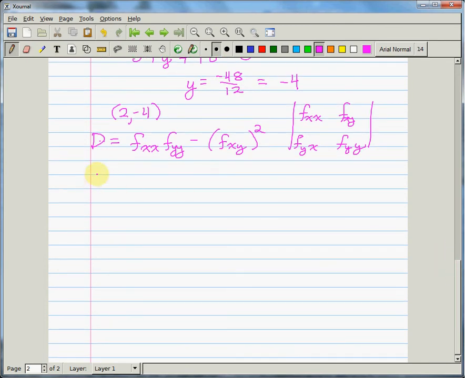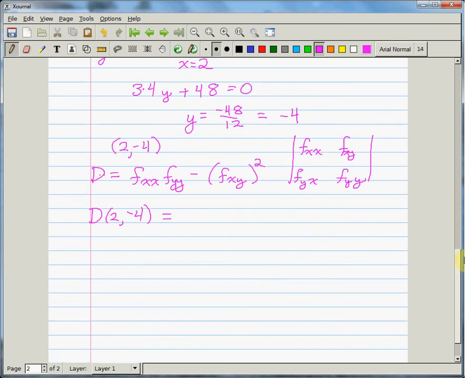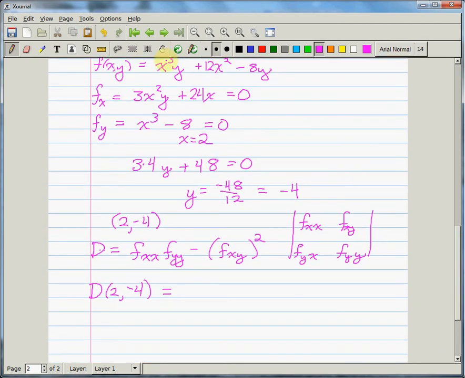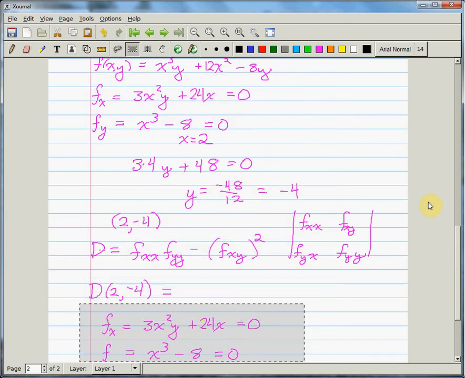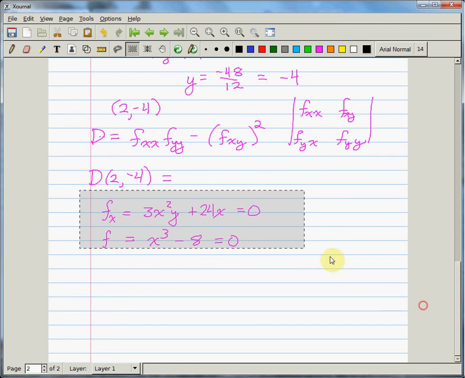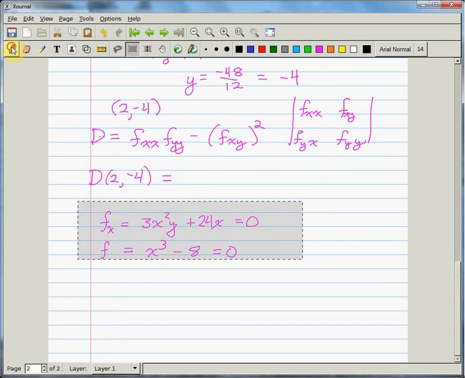And great, so let's plug the given point into D and see what happens. In order to do that, we have to know what the second partials are. So let me copy these so that I can refer to them down here where I can do some more work. I need to know what the second derivative with respect to x is.